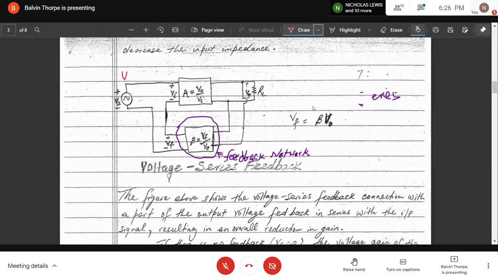We apply an input voltage Vs. Would you agree with me that Vs is a combination of Vf plus Vi?